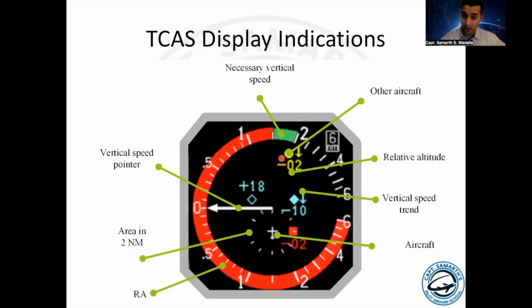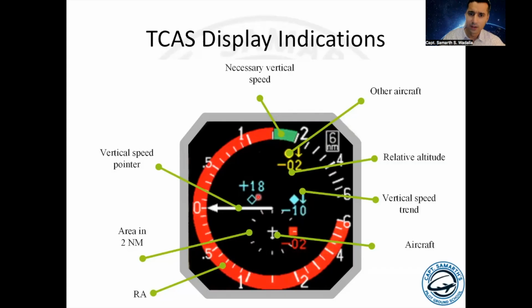And if my guess is right, it is probably asking -02 to descend, or level off, depending on what TCAS thinks is the safest way out of this resolution advisory. I hope this is clear.